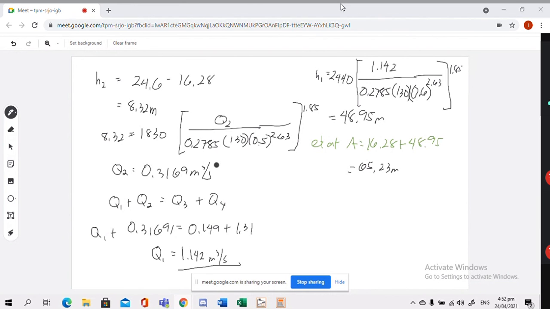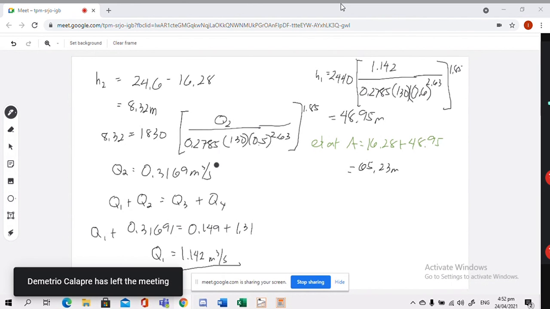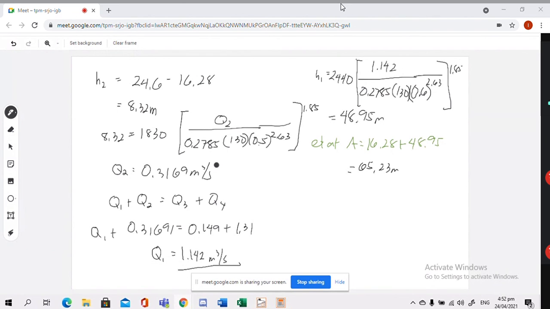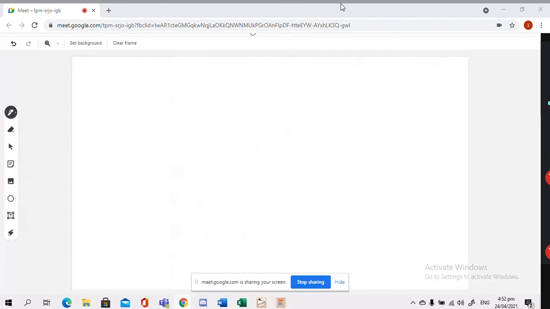Point 3169. Okay. 149 plus 1.31 minus 0.3169. Check. Okay, so this is the final answer and this is also the elevation. I don't know what's wrong with the book.